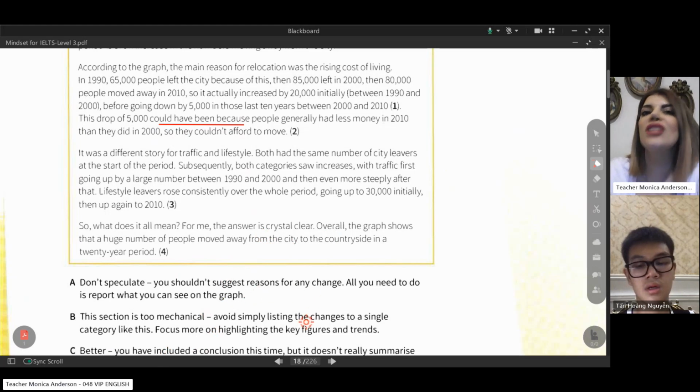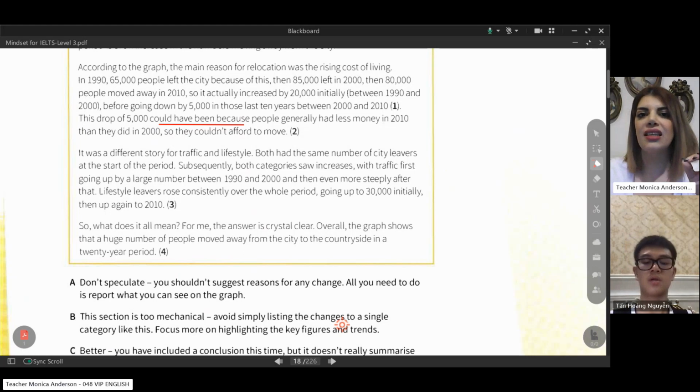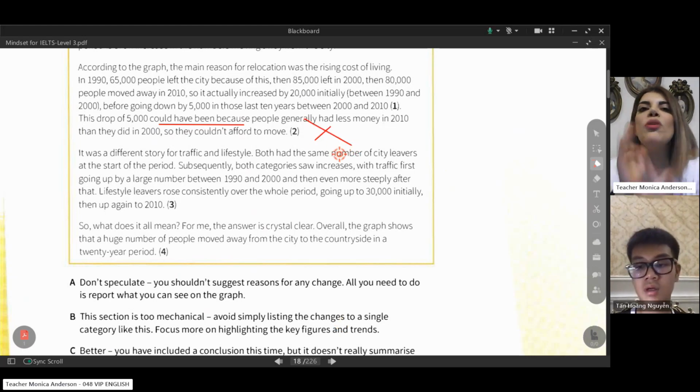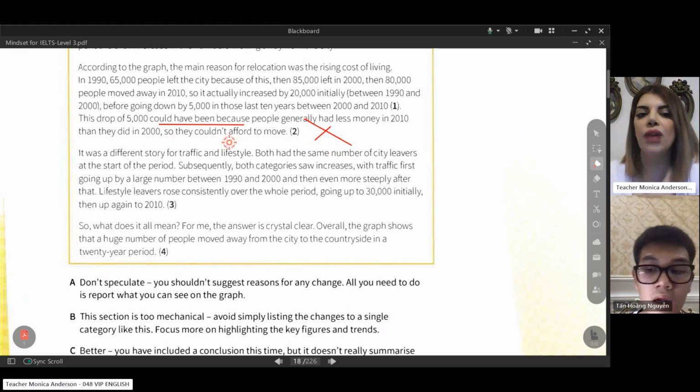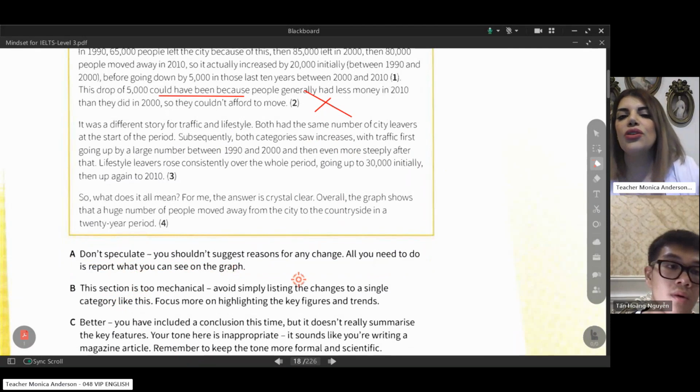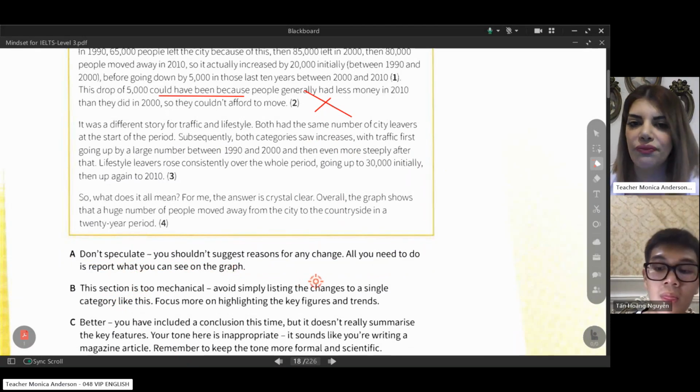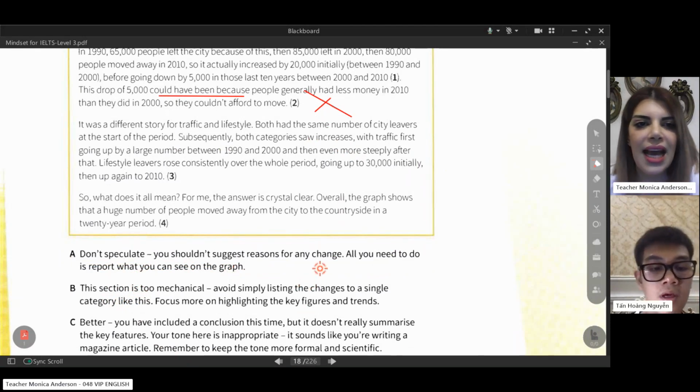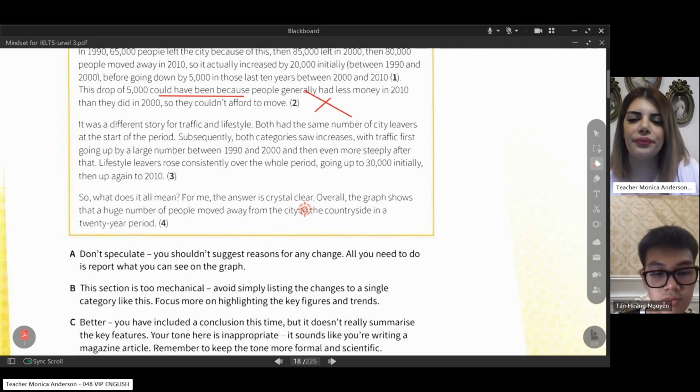You shouldn't suggest reasons. No reasons, just facts. So it needs to be removed completely. So A, don't speculate. You shouldn't suggest reasons for any change.